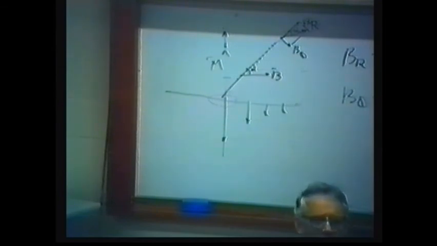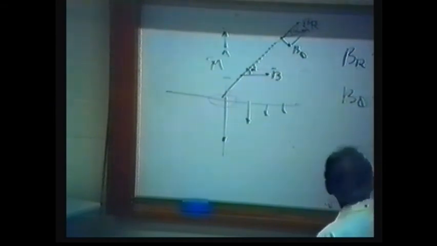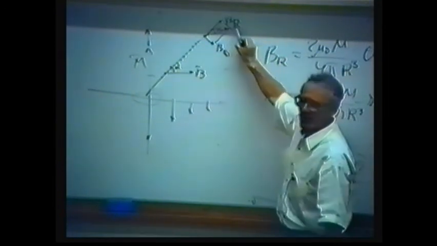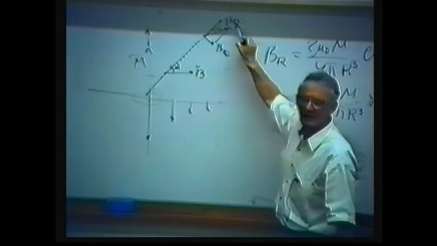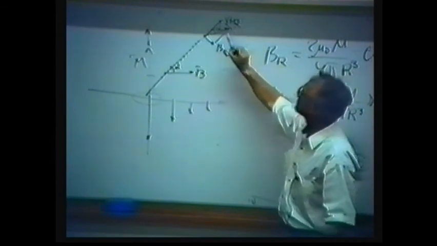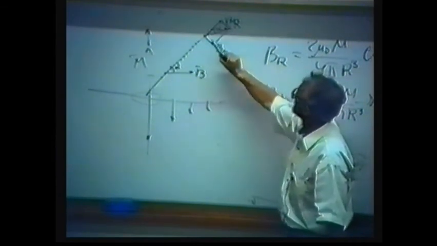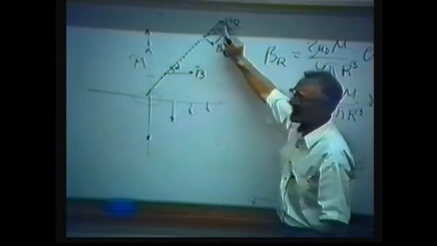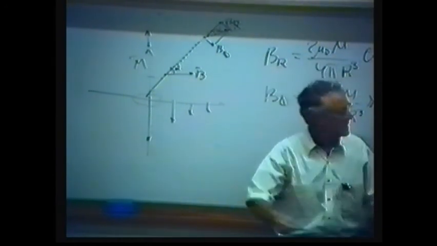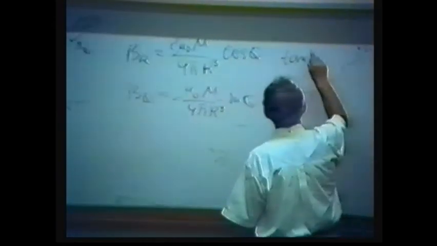Sorry? Can we do it? Can we solve this extremely difficult mathematical problem? Let us, what is the component? What is this component? This component, B. So can I say tangent alpha equals what? B theta over BR.